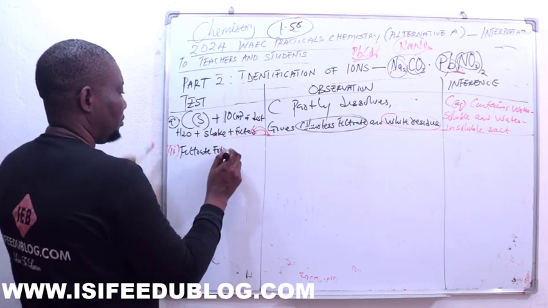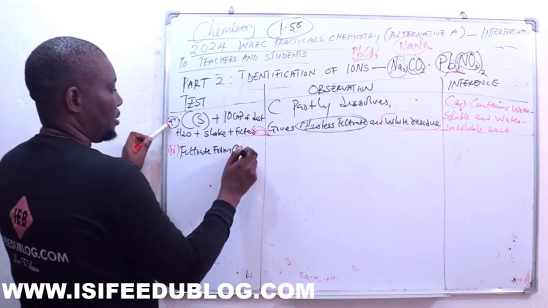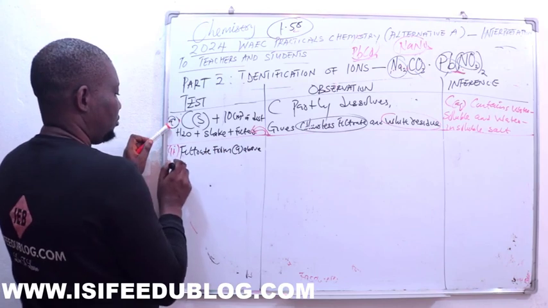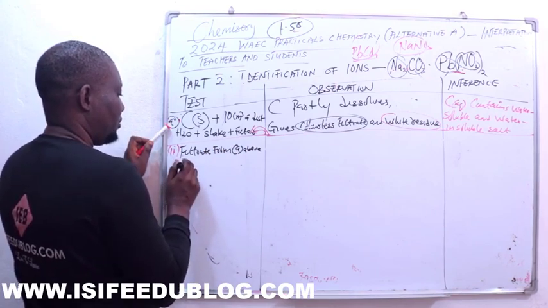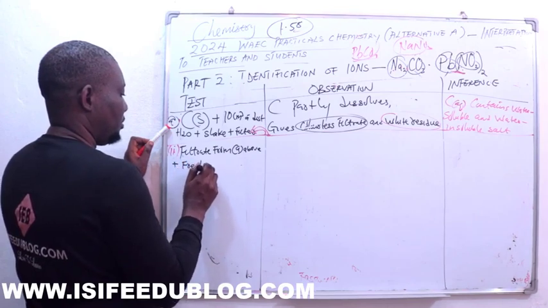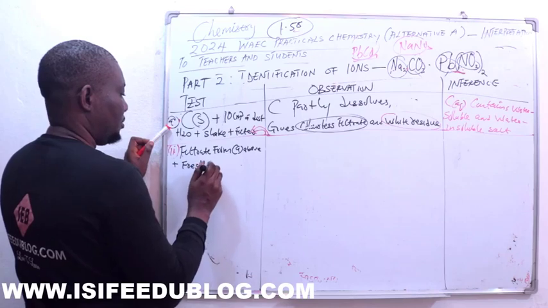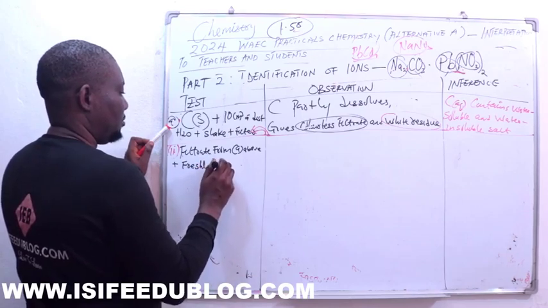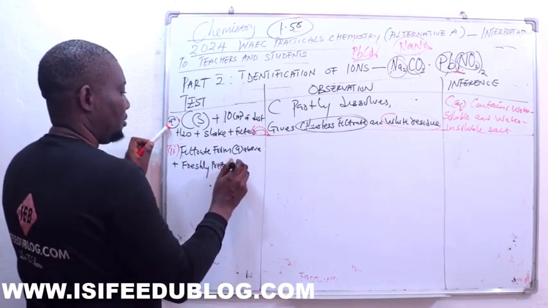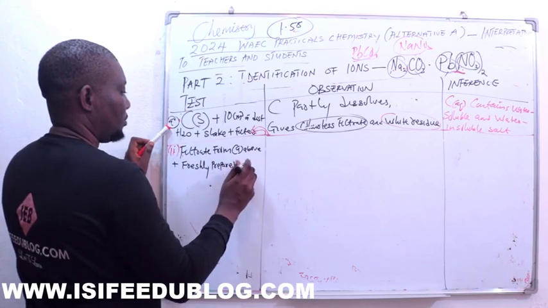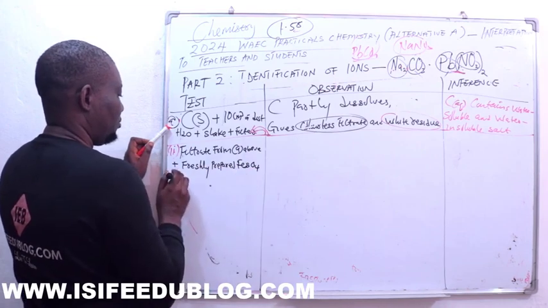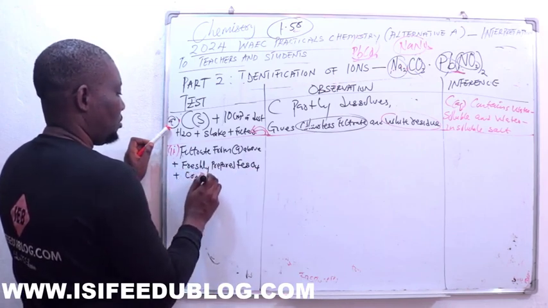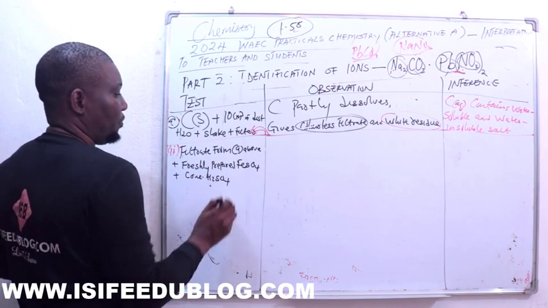Filtrate from A above plus freshly prepared FeSO4 plus H2SO4.